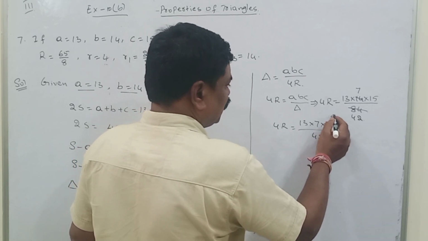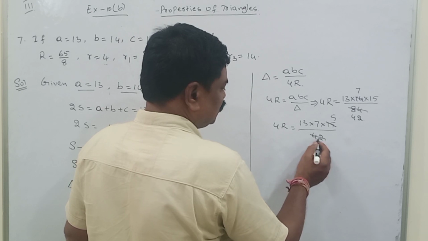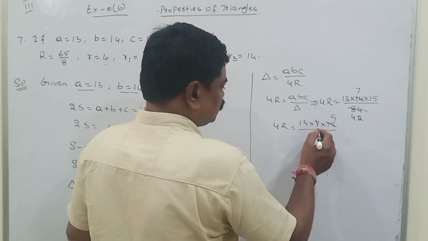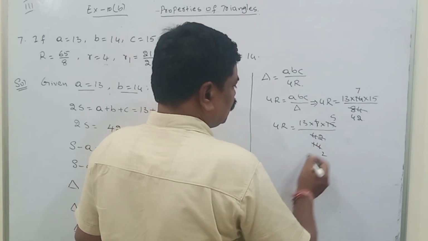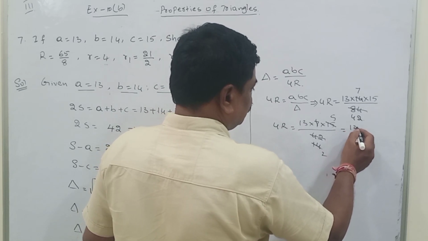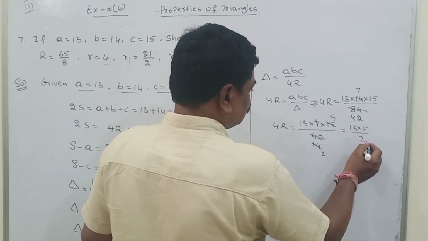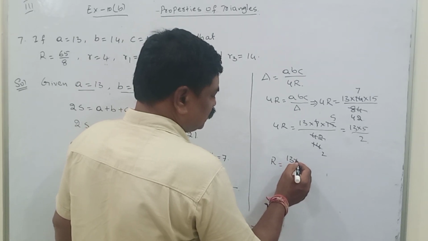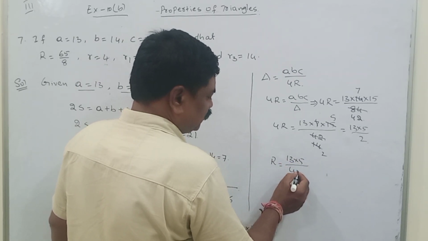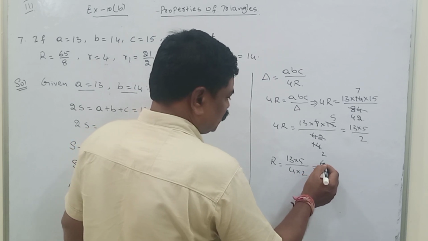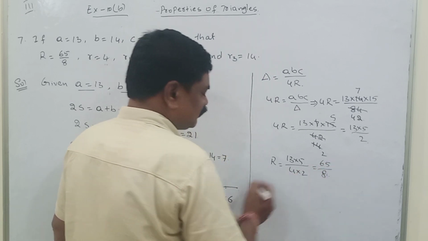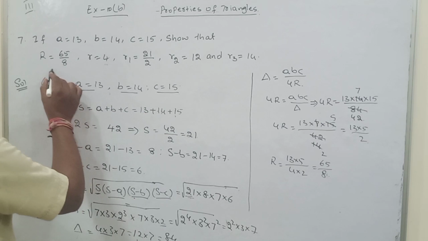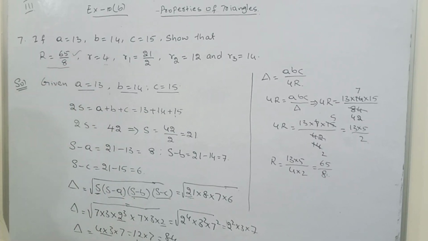So this is 13 into 5 by 2. R is equal to 13 into 5 by, this is 4 into 2, equal to 65 by 8. R value is 65 by 8.